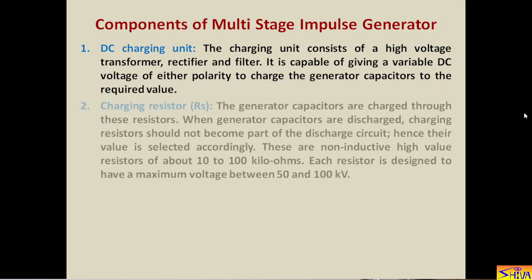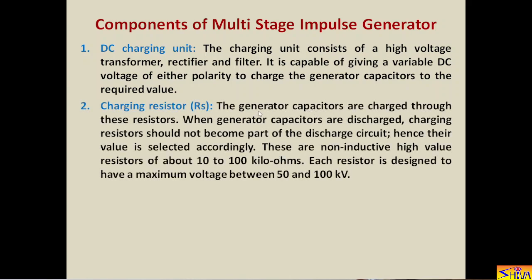Second is the charging resistor RS. Generator capacitors are charged through these resistors. When generator capacitors are discharged, charging resistors should not become part of the discharge circuit. Hence their value is selected accordingly. If you remember the circuit, there are three resistors R1, R2 and RS, that is the charging resistor.